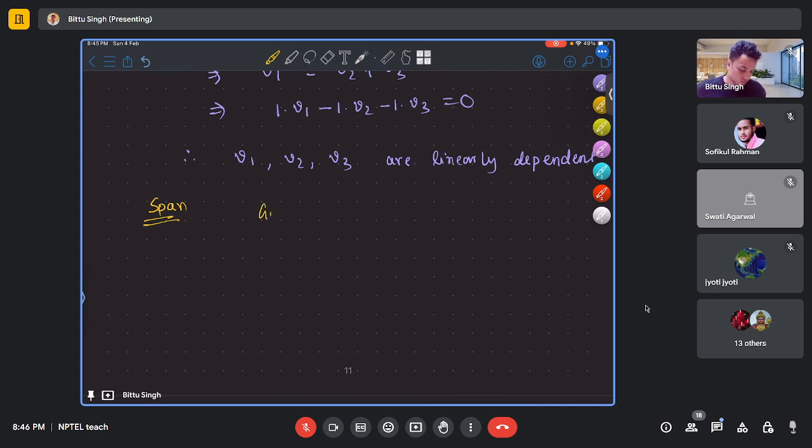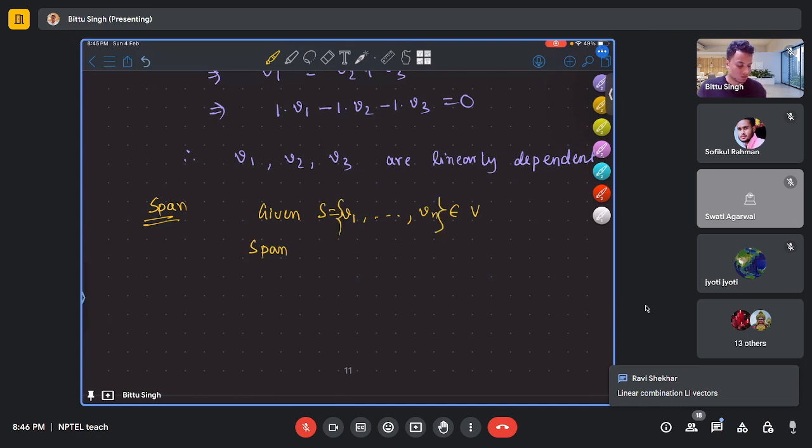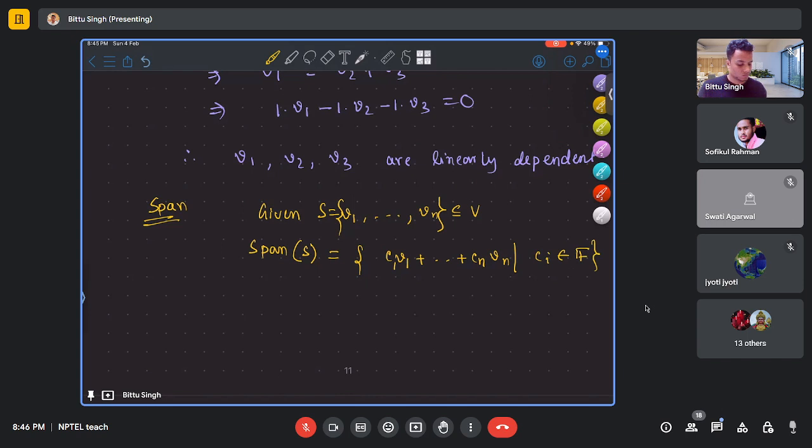Given vectors v1 up to vn from V, the vector space, the span of this set is the set of linear combinations of those vectors, c1 v1 up to cn vn, where the ci are from the scalars.